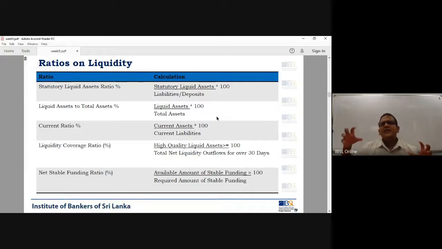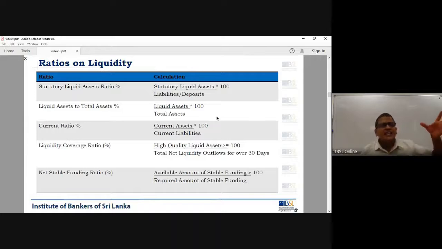So when they are having the deposit or liability, they have to maintain at least 20% of the liability in the form of these statutory liquid assets. So in the form of either cash in hand, placement with other banks, treasury bills and treasury bonds, or discounted bills, or the Sri Lankan development bonds.